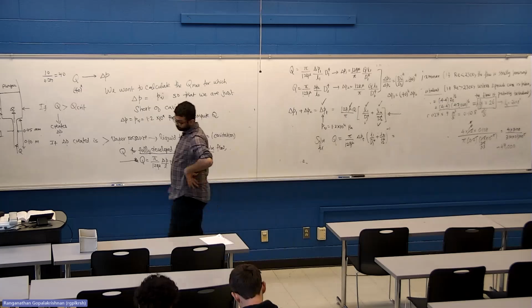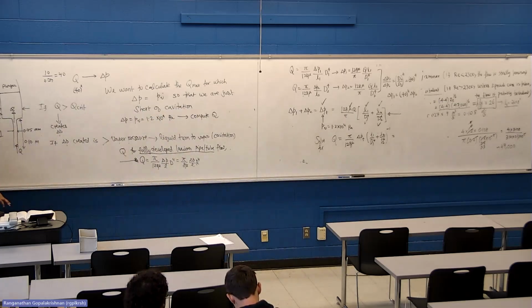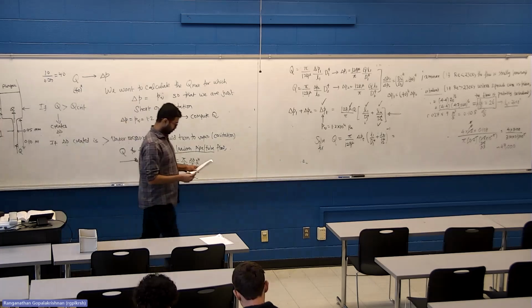Viscosity is given, pressure drop is given, viscosity is 9.2 times 10 to the power minus 4.